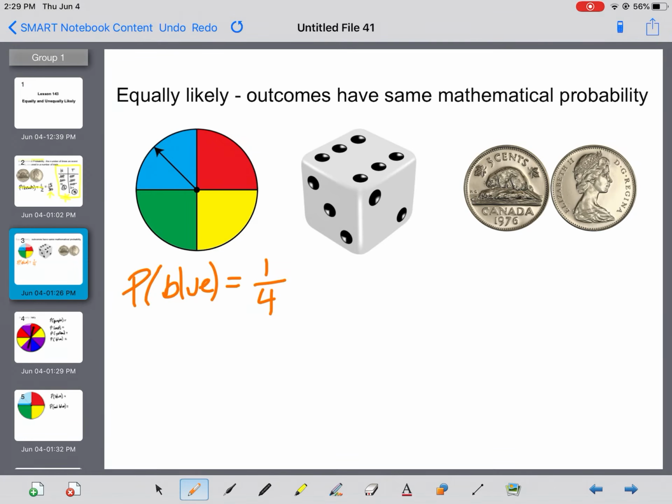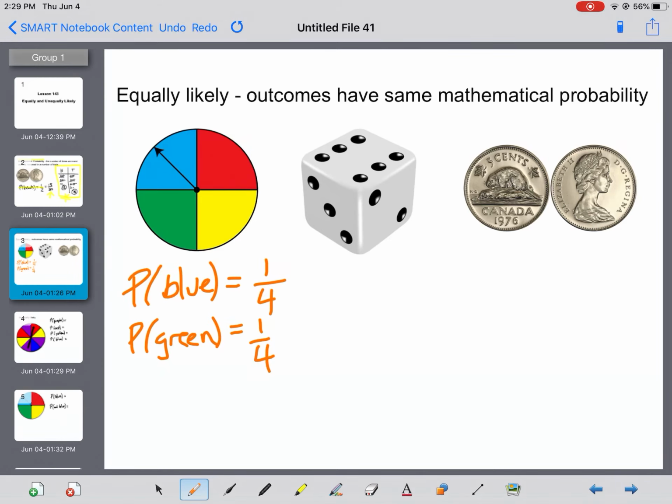We have 1 blue section out of 4, and all of those sections are equal. And the probability of green is also 1 out of 4, and the same for yellow and the same for red. All of our outcomes have a mathematical or theoretical probability of 1 out of 4. So all of those events are equally likely to occur.